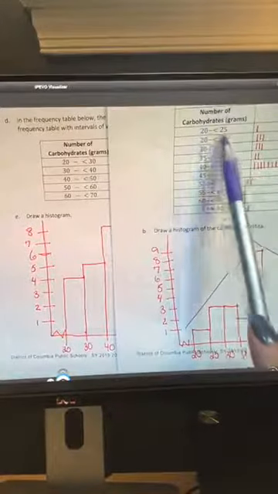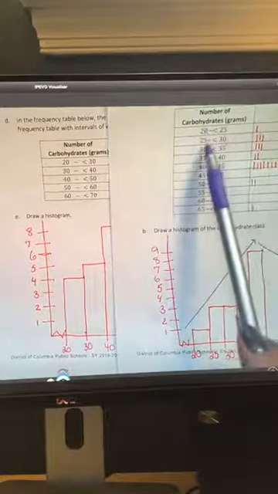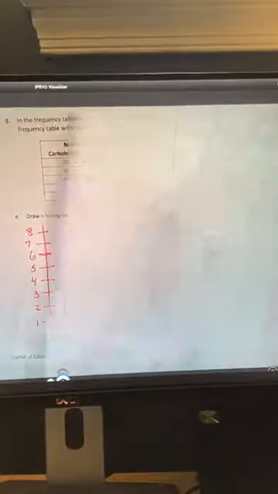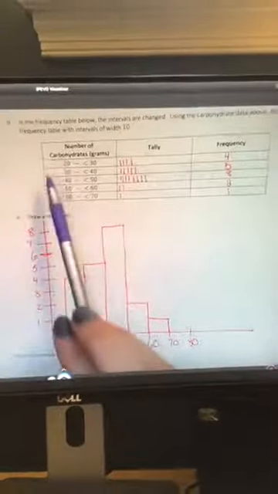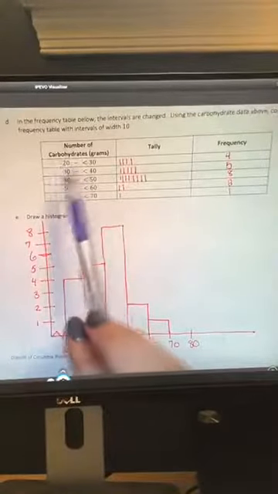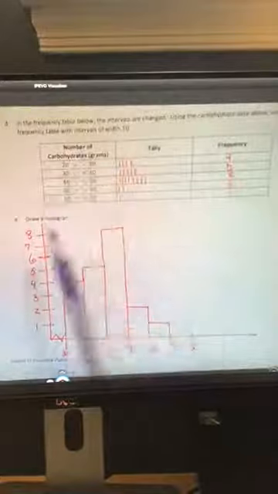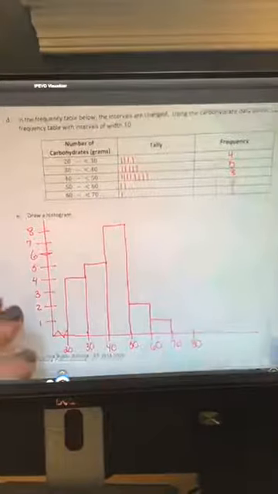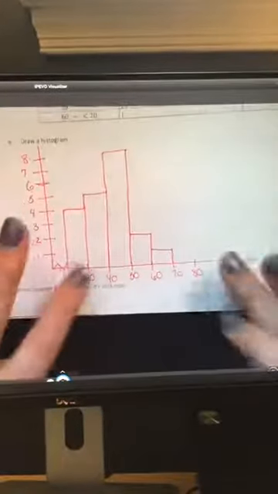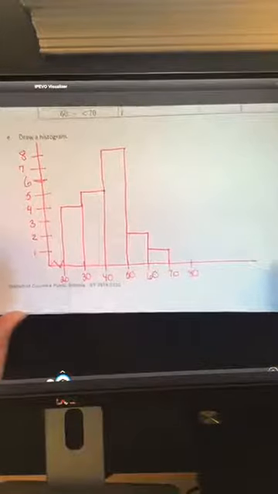So in our first chart, we did our ranges by 5. So 20 to 25, 25 to 30. This time, our ranges are counting by 10. So 20 to 30, 30 to 40. Okay? So we took the same data points, broke them up into this chart, and then we made our graph.